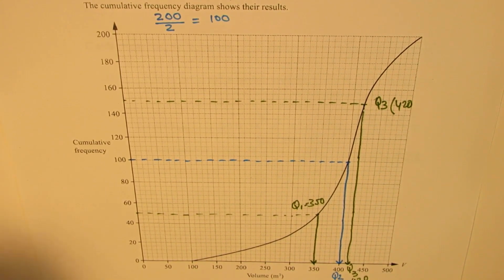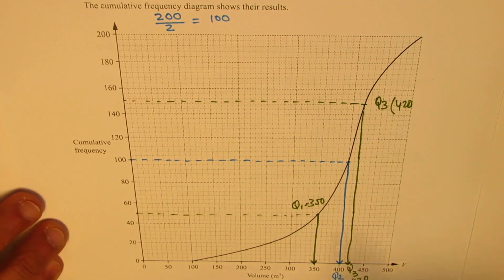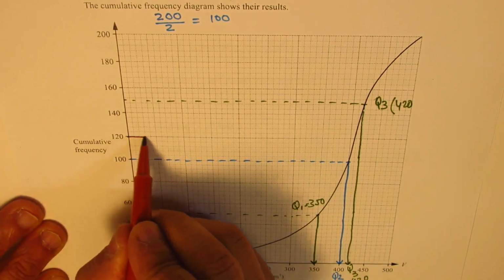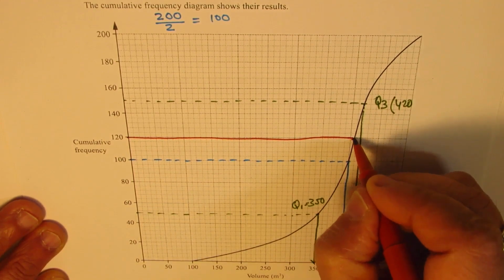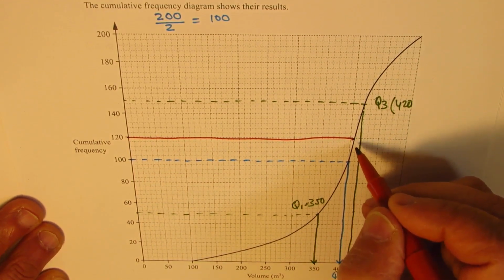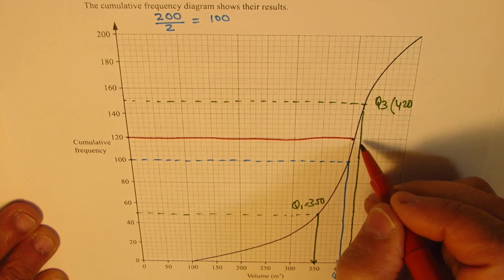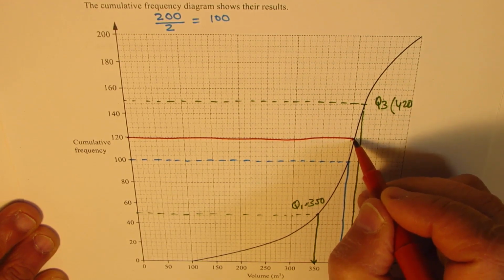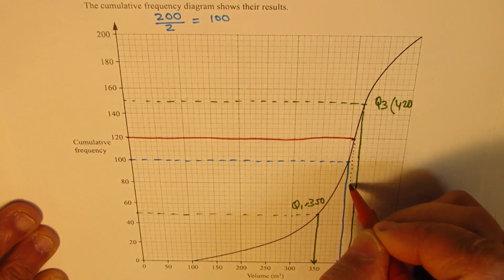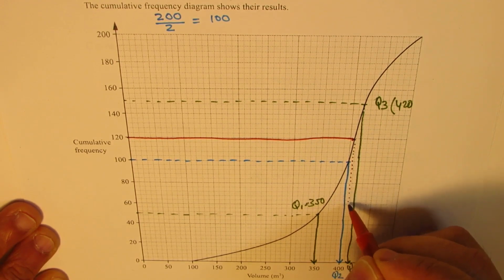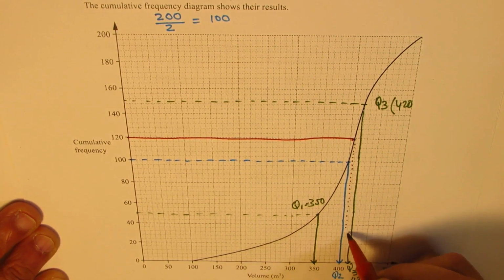So let's figure this out. For 120, okay, here it is. We can go straight. That is the point, right? In between. So this actually is slightly less than 410.